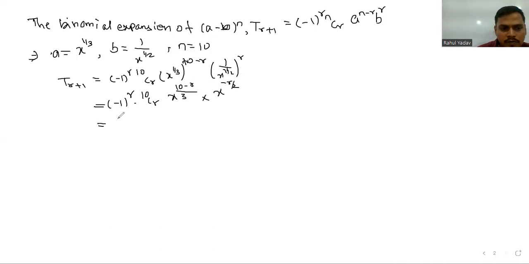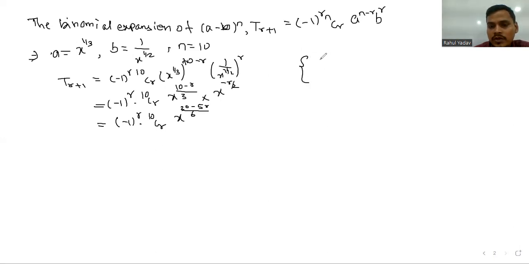Student, further if I simplify it, minus 1 power r into 10Cr, x power (10 minus r) by 3 into x power minus r by 2, the bases are the same. Student, when bases are the same, we can add the powers. So what we will get is x power (20 minus 5r) divided by 6.